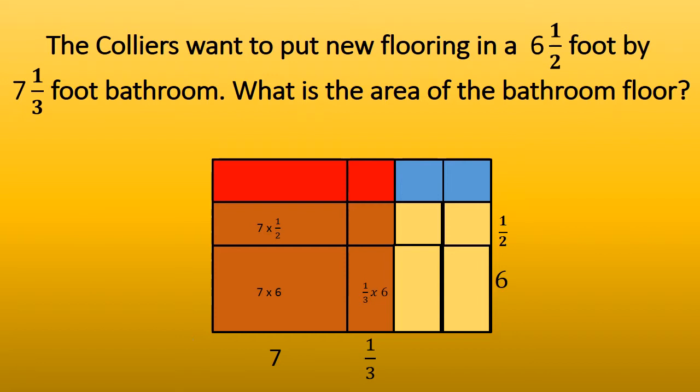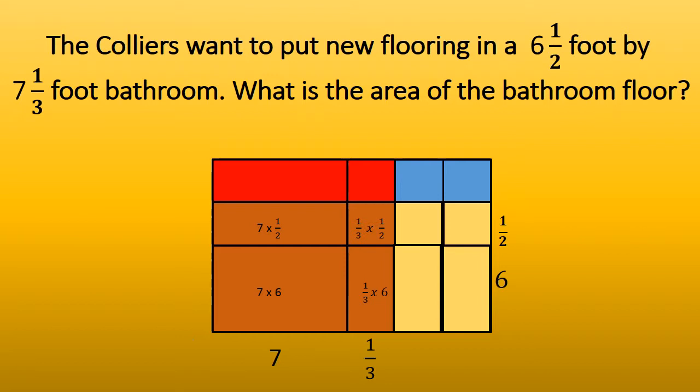Up here, we can see the column is still 7 wholes, and the row intersects with this 1/2, so we have 7 times 1/2. And this one is intersecting with the column of 1/3 and the row of 1/2.